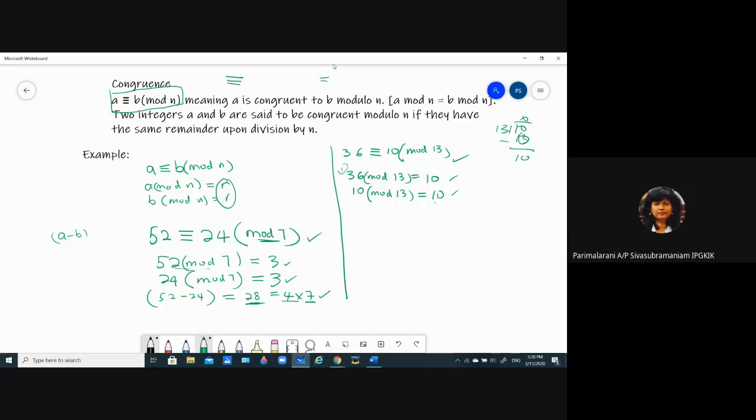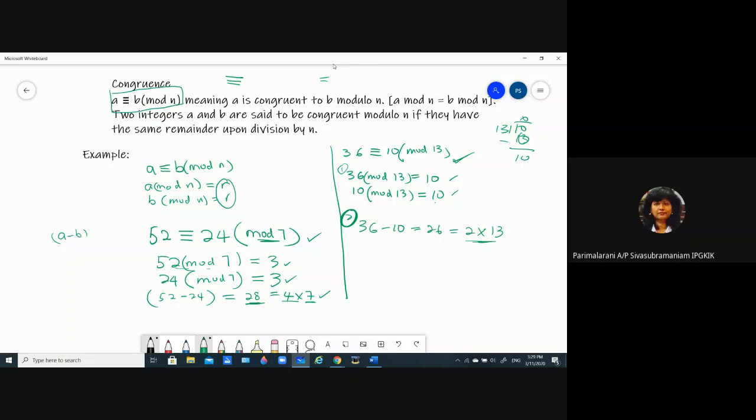For the second method, we find the difference. 36 minus 10 is 26, and we know that 26 is 2 times 13. Therefore, 26 is a multiple of the mod, so this is true. Can you understand that? Yes.